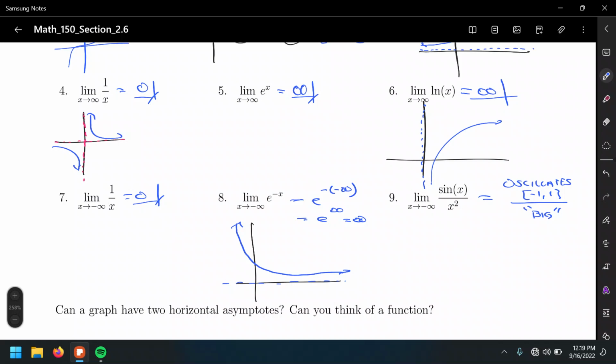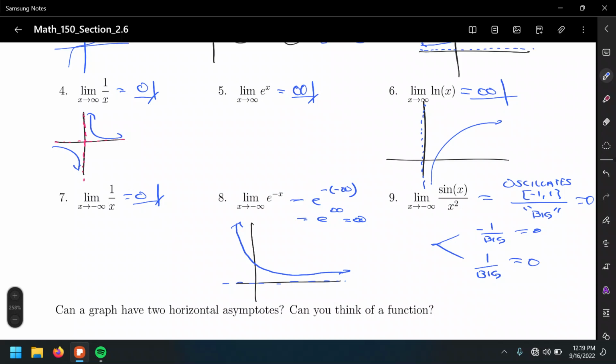Negative 1 over big and 1 over big. Dividing a number over a big number, over infinity, isn't it 0? And same for the negative, you should get 0. So this limit is 0 regardless, despite the oscillation.